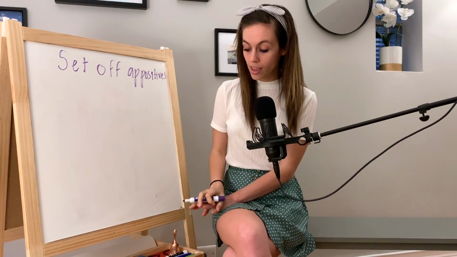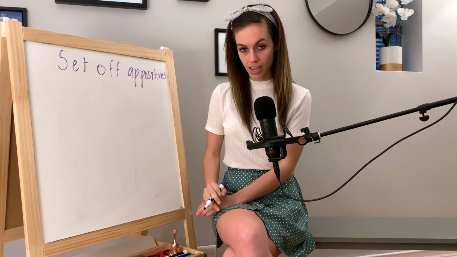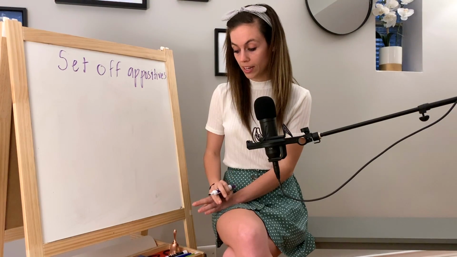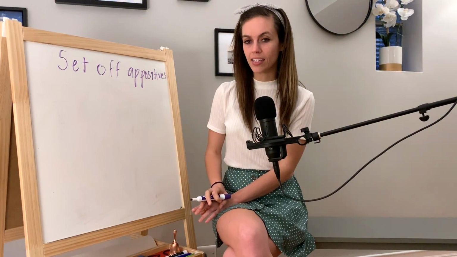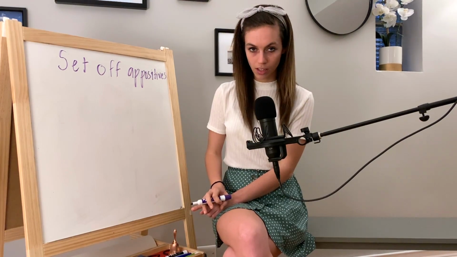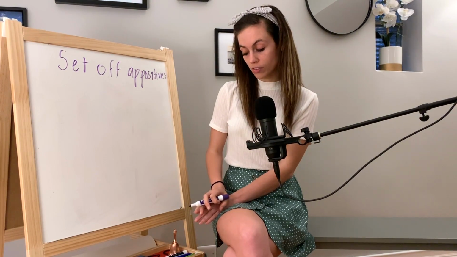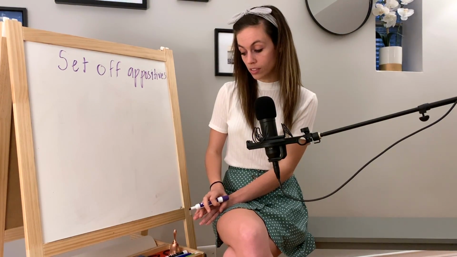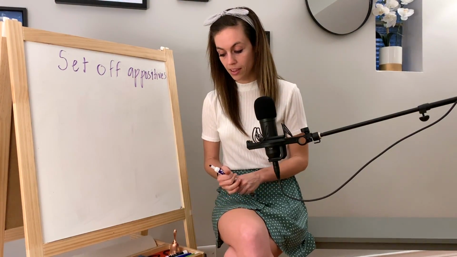Okay, so an appositive is a noun or a noun phrase that renames a nearby noun. So appositives, kind of like the non-restrictive clauses, they offer non-essential information. So non-restrictive appositives are set off with commas. Restrictive appositives are not. Okay.